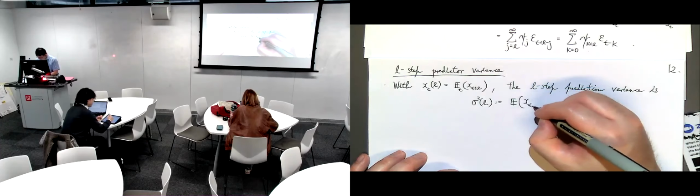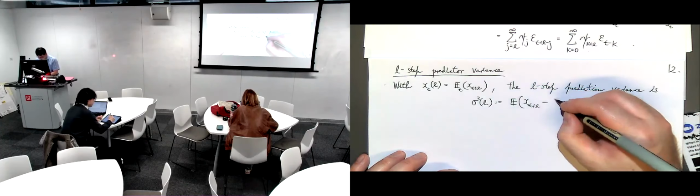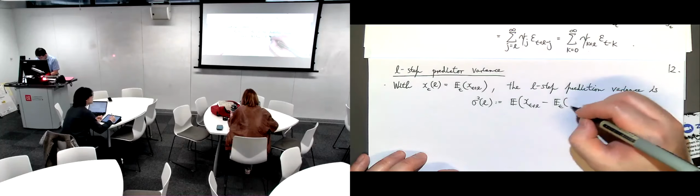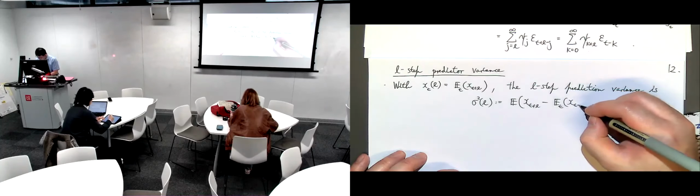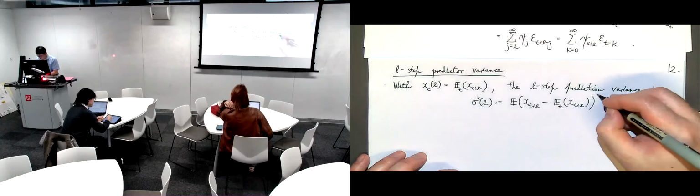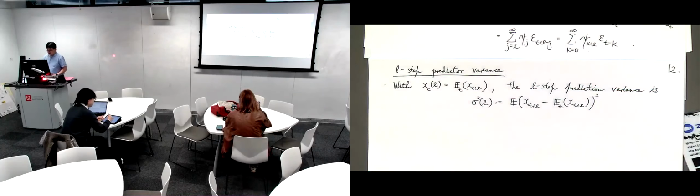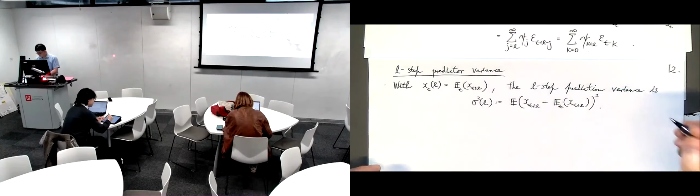So that's x_{t+L} minus the best forecast, E_t of x_{t+L}, squared, okay? That's basically the MSPE when x_t bracket L is indeed the best forecast, okay?